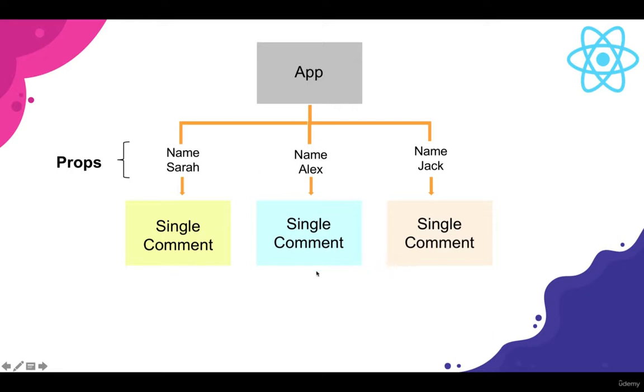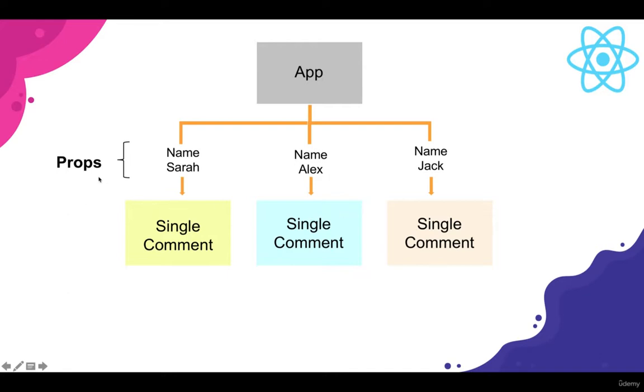And these single comments are then child components, right? So we're going to use this term, child components, a few times throughout this course. So that's you being familiar with it. So now that we understand this diagram right here, I do want to tell you about the props system, which we're going to be using to customize the single comment when they show up on the screen.